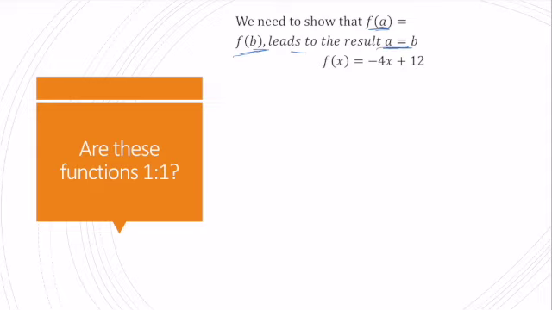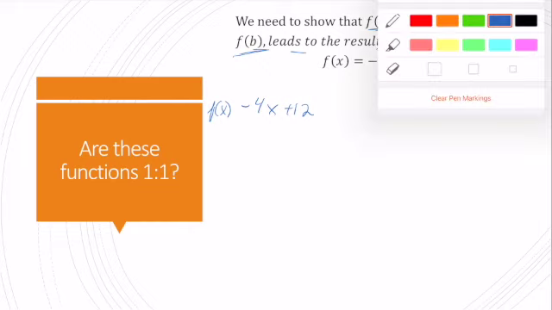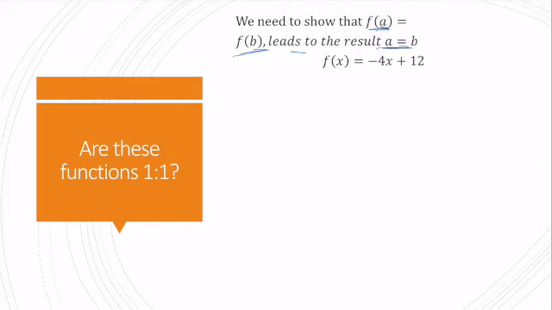So if I have negative 4x plus 12, let's say I take f of a equals f of b. That means I'm substituting a into my function and b into my function. So I have negative 4a plus 12 equals negative 4b plus 12.